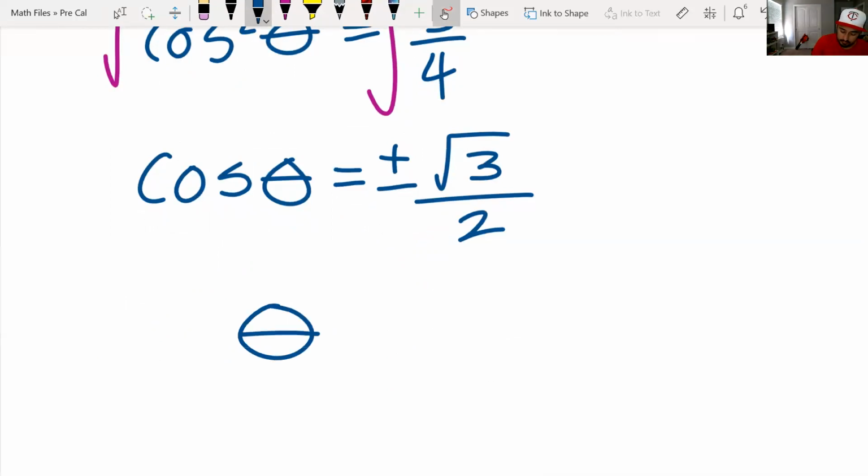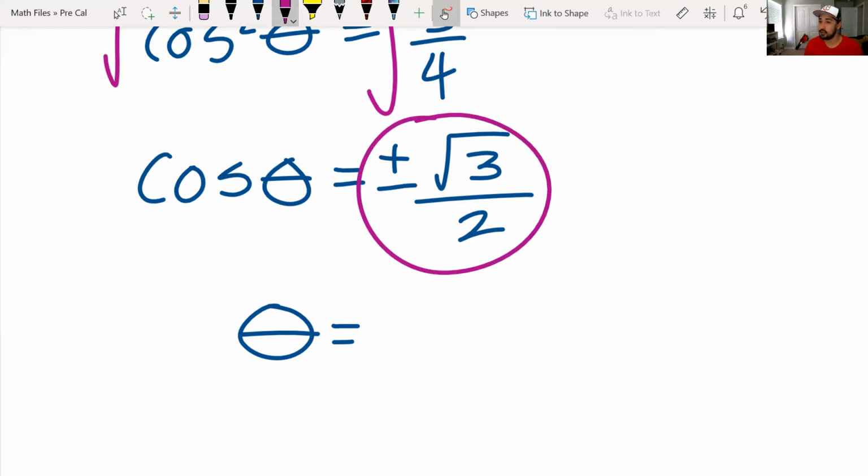And again, we ask, what radian values on the unit circle make cosine a positive square root of 3 over 2 and a negative square root of 3 over 2?